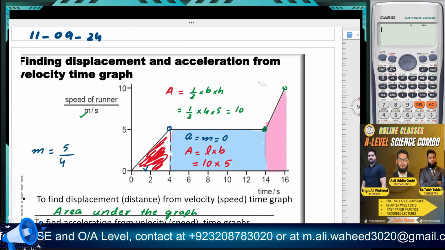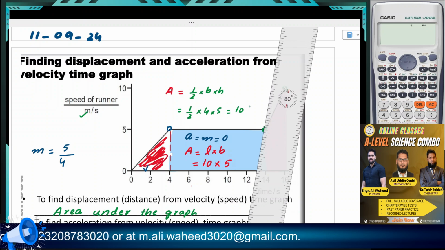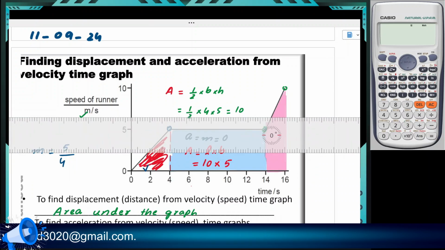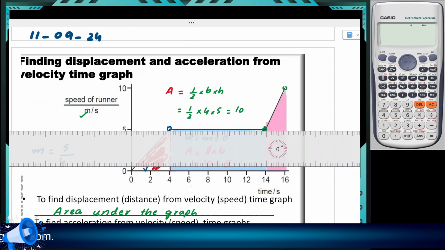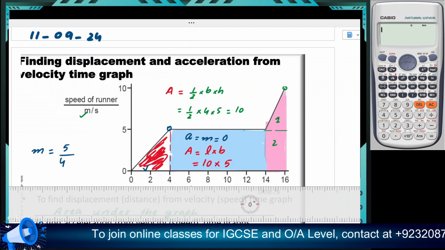But if you're not comfortable with this, I can consider this as a compound shape. I can convert it into two shapes. Check it out. So this is the first part, this is the second part.